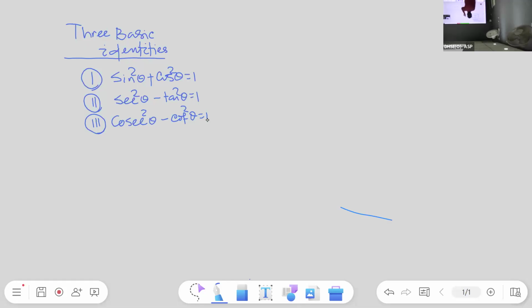So we can write sin square theta is equal to 1 minus cos square theta. So this implies sin theta into sin theta. Using a square minus b square is equal to a plus b into a minus b, 1 minus cos square theta can be factorized as 1 plus cos theta into 1 minus cos theta, right?